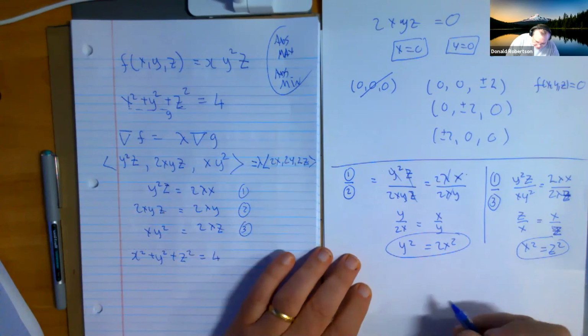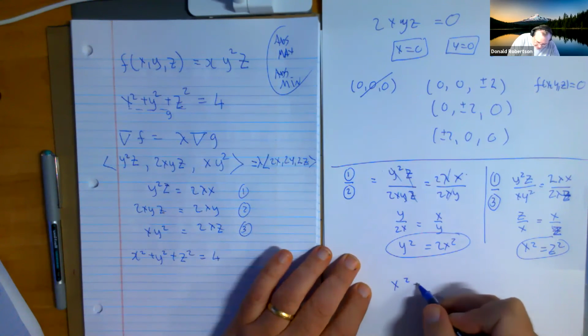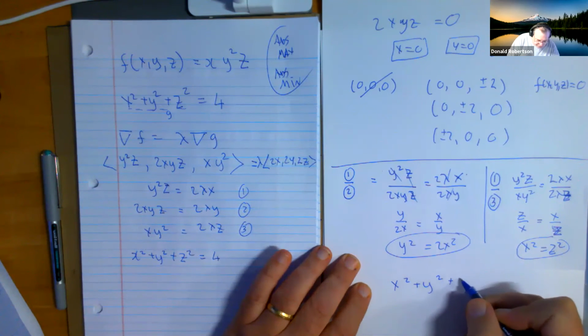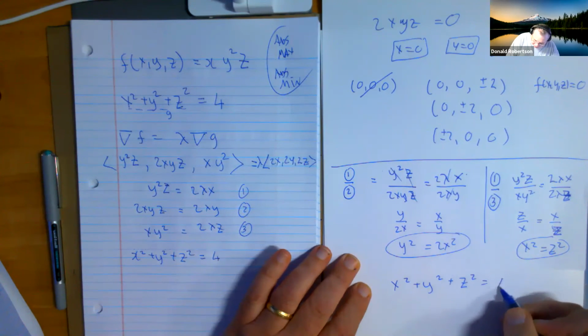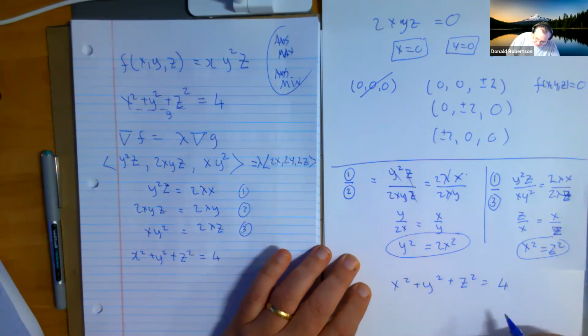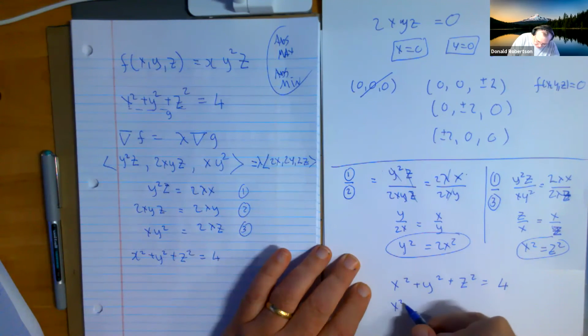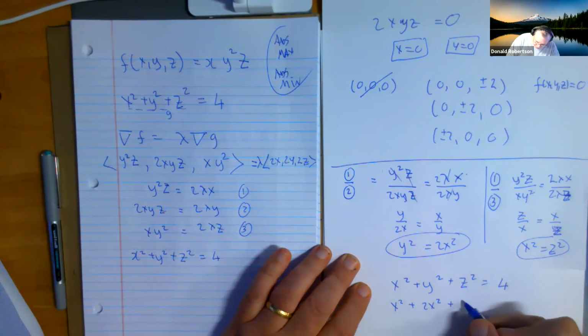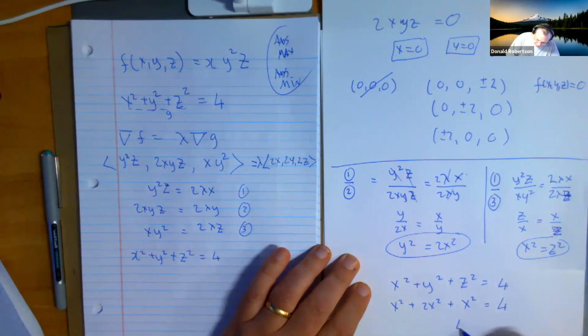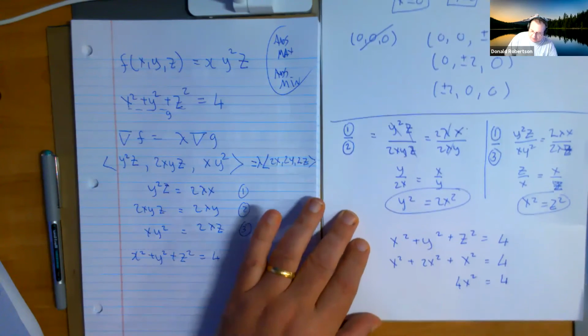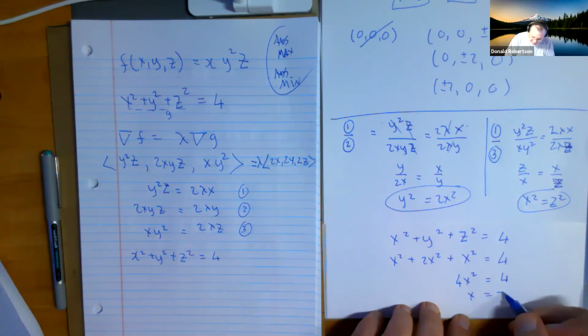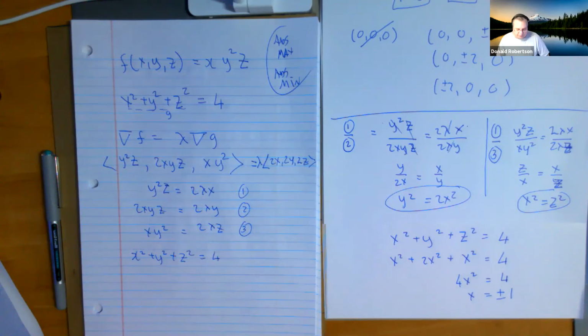Now, if you take the constraint function that says x squared plus y squared plus z squared must equal 4, you can replace the y squared with 2x squared, and you can replace the z squared with an x squared. Well, that makes 4x squared equals 4, which tells me x is plus or minus 1.